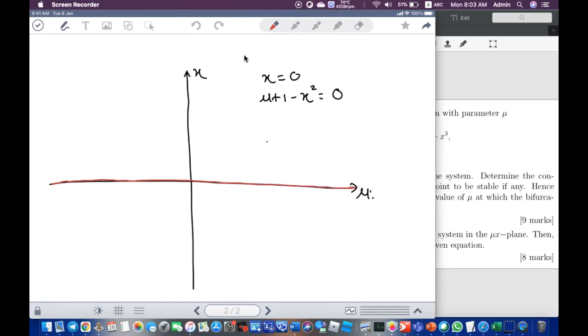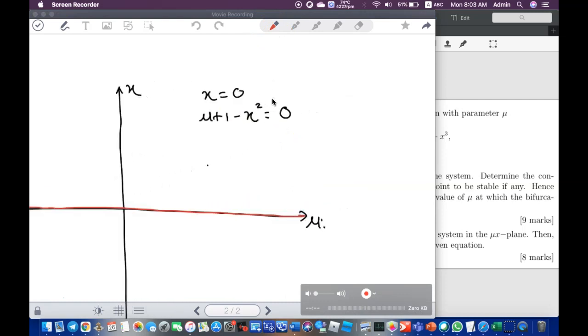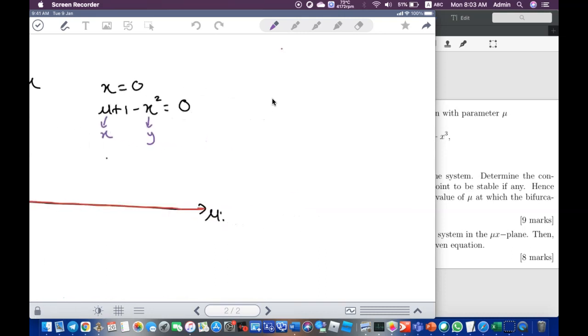Okay, and how about the second one? The second one here, remember, we assume this one to be x and this one to be y. If you forgot the shape, let's look at the original one, mu plus 1.